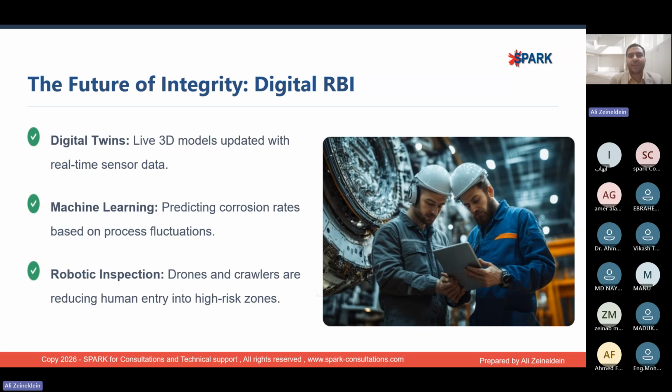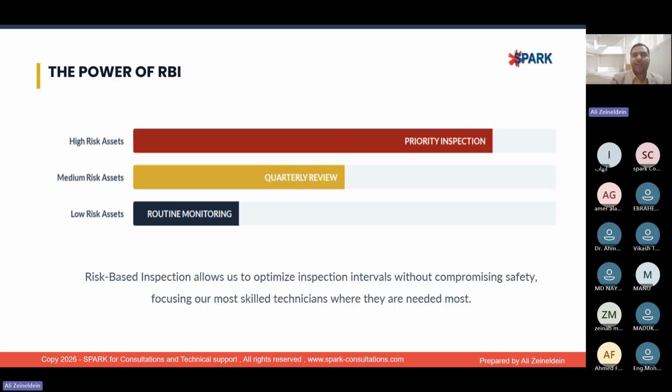The future of integrity: digital RBI, digital twins, machine learning and reporting inspection. This is upcoming, and by the way, here we can also say AI will be included. The power of RBI is to prioritize the inspection on the high risk.